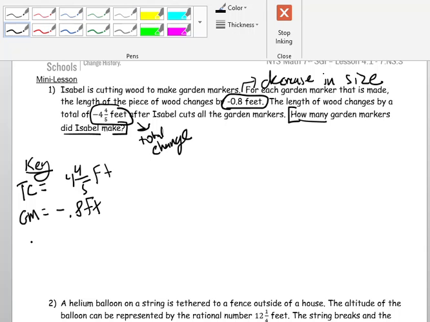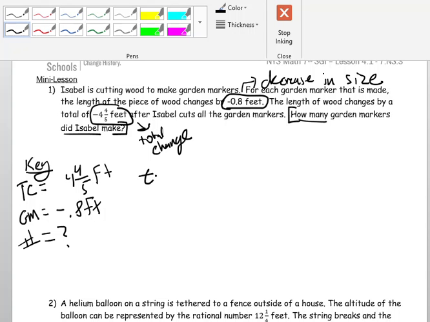All right, and so what I'm looking for is the number of garden markers. Okay, so I have a decision to make, and my decision is what calculation do I use, okay? And so in this case, I am going to use division.